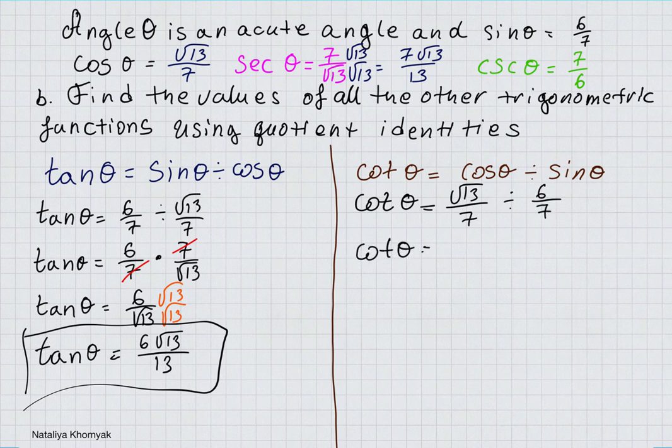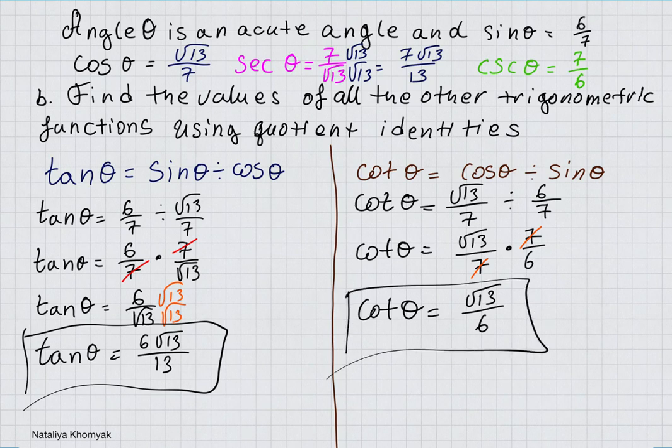Cotangent theta is equal to radical 13 out of 7 times 7 out of 6. 7 and 7 cancel, and we get cotangent theta is equal to radical 13 out of 6. And this is our solution for cotangent. That's all.